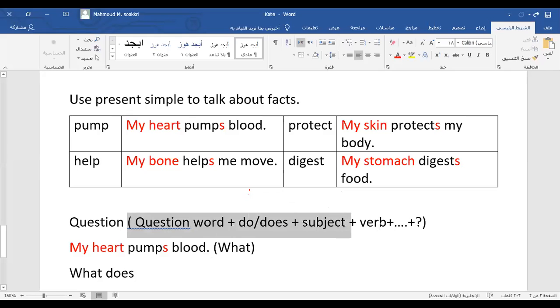This is the grammar rule. Yes. Okay. The last thing we wrote is does. Is it right? Yes. After does, what should we write? Look at the grammar rule and tell me. Subject. Now look at our sentence. My heart pumps blood. Where is the subject?